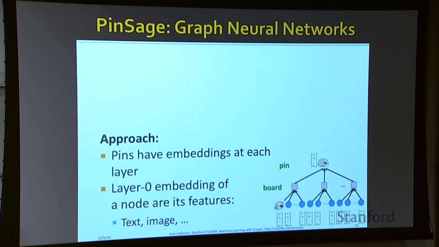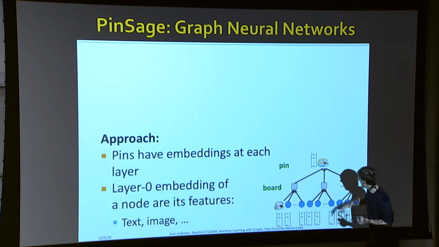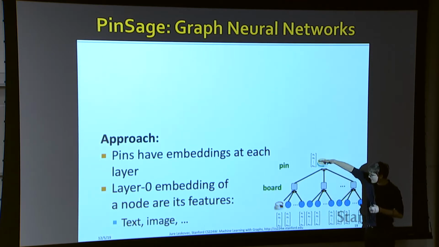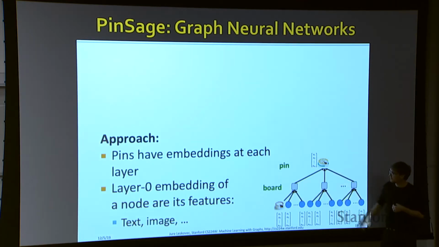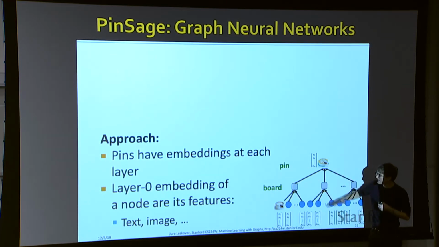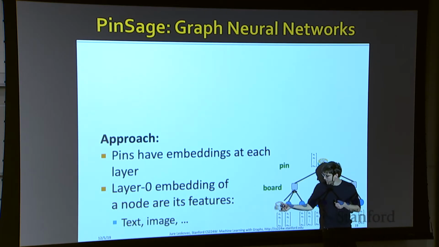So the idea will be the following, right? The idea will be that for every target pin, I will unroll the bipartite graph to get the graph neural network. So this means that now pins will have embeddings at every layer. At the bottom layer, I will simply initialize the embeddings based on the textual and visual features of every pin.